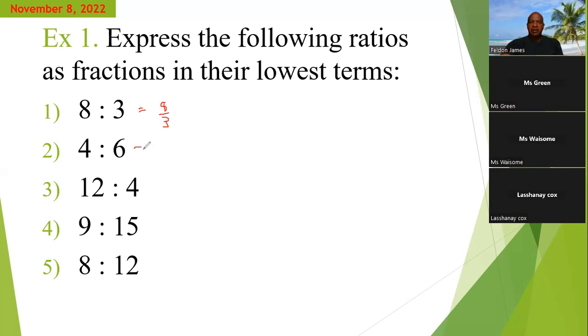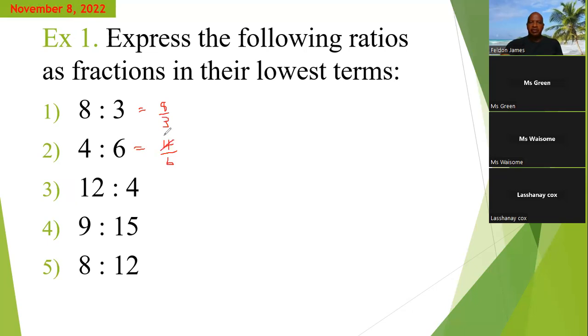Now, for the second one, we would write 4/6. And if we can find a number that divides both the numerator and the denominator, we do that and try to write this number as simply as possible in its lowest terms. So we see where we can divide 4 and 6 by a common factor, which is 2.